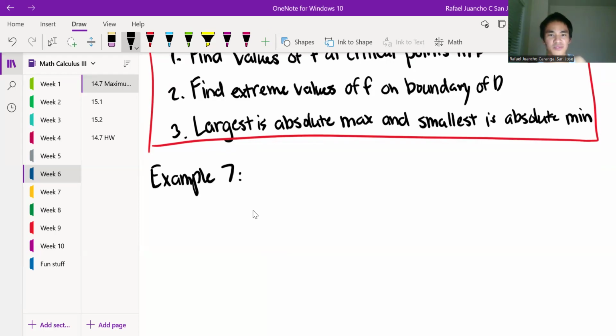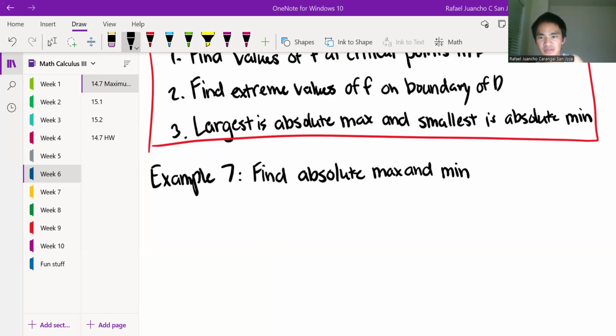Example 7. Here we're tasked to find the absolute max and min of this function, a two-variable function, x squared minus 2xy plus 2y.